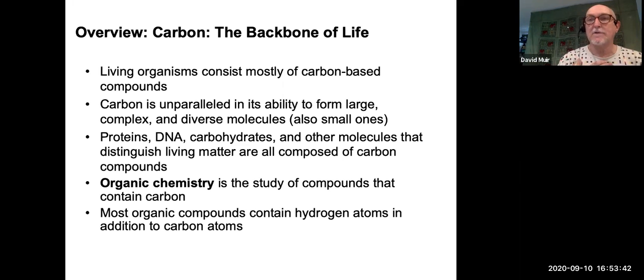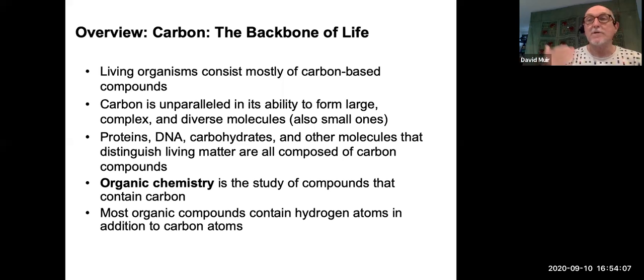We are heterotrophs. We depend entirely on compounds which have already been made, and we change them, we transform them, we eat them, and we transform them into different things. So when we look at biological molecules, we'll find the backbone is carbon, but there may be many other things associated.